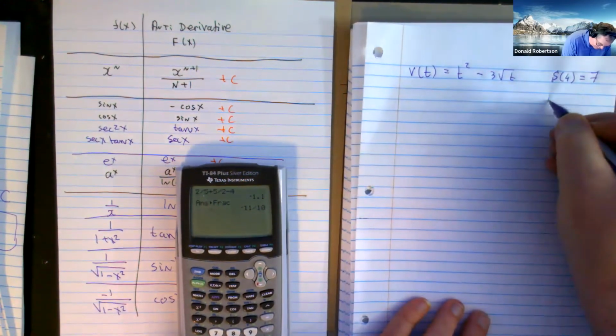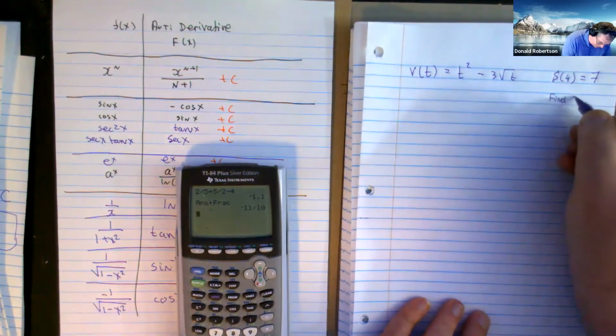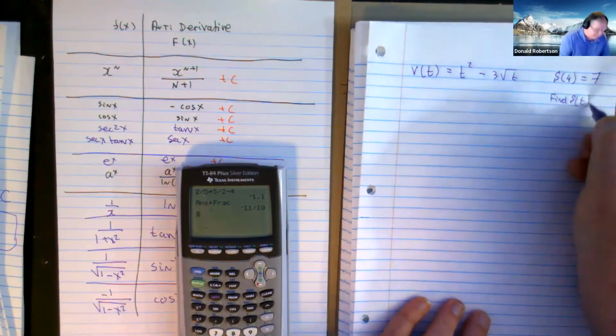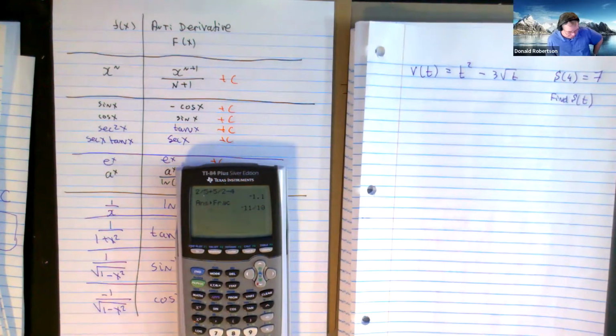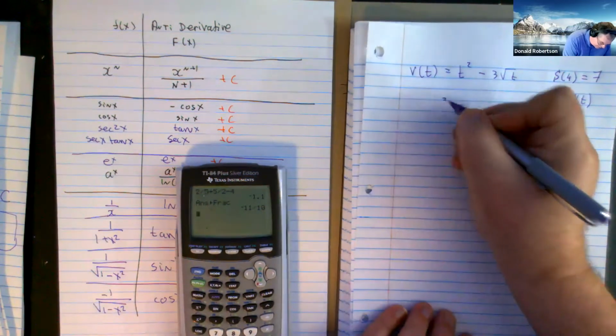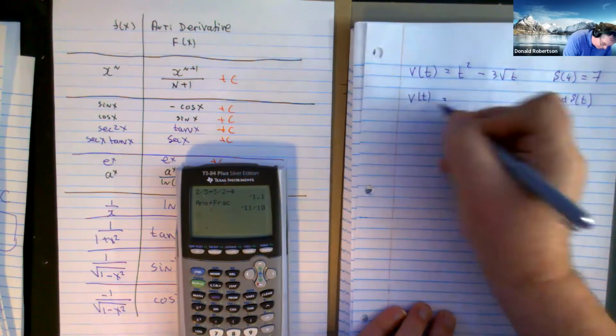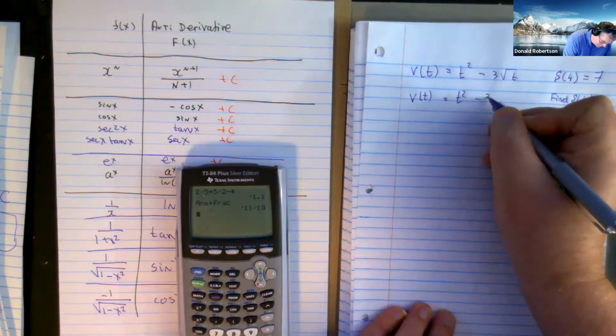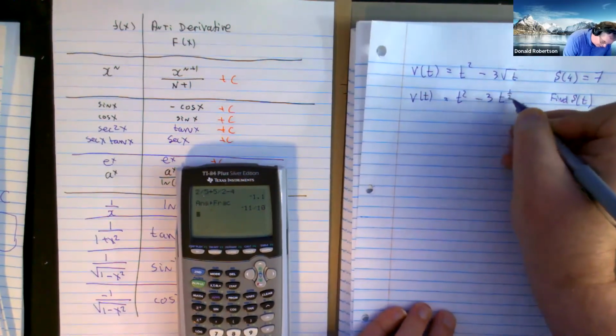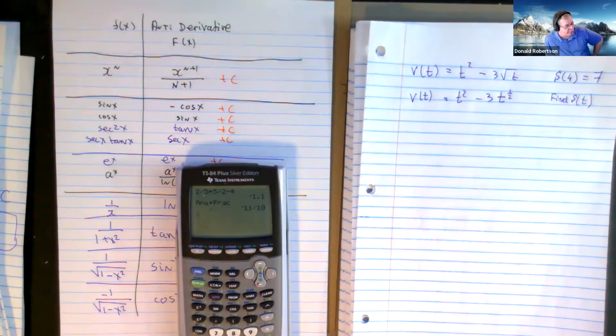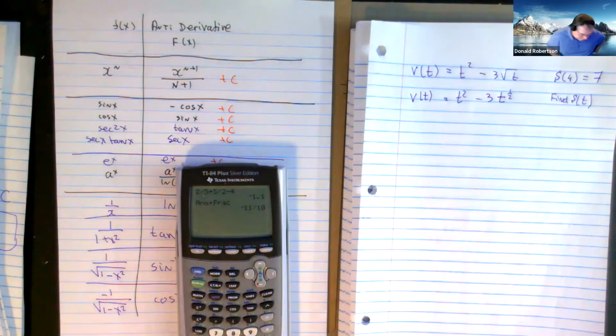Our job is to find the position function. First thing I'm going to do before I tackle that question is to rewrite it as a fractional power. Going to do that.